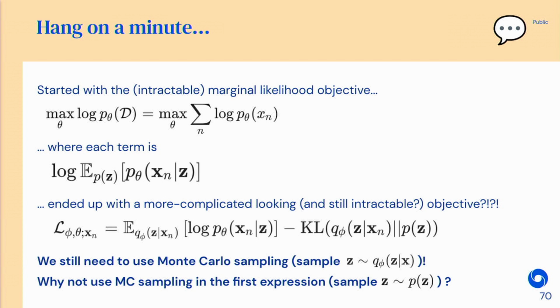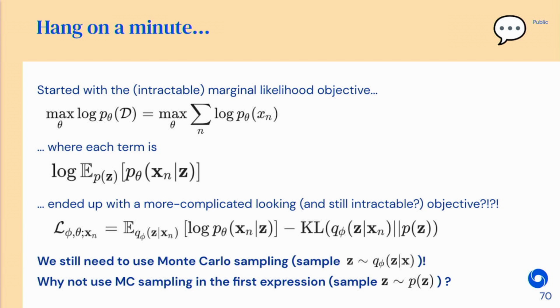In this objective we do have to sample from Q. We could also have sampled here, without going through all of the mathematics and introducing an amortization network. Why are we using the ELBO and why are we not using Monte Carlo samples just up here? Anyone? Any ideas? Think about it briefly.